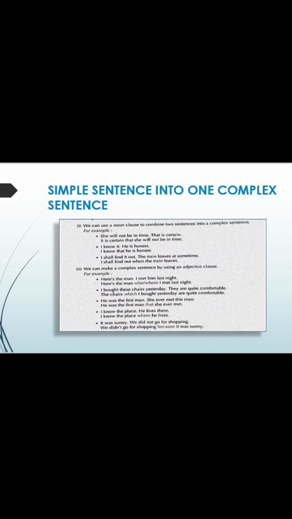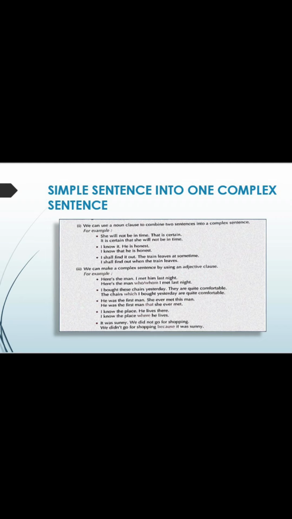So you see, we are talking about she, and the next sentence is also about she only. So this is the way you can combine two sentences into a complex sentence and use a noun clause, like: I know it, he is honest; I know that he is honest.